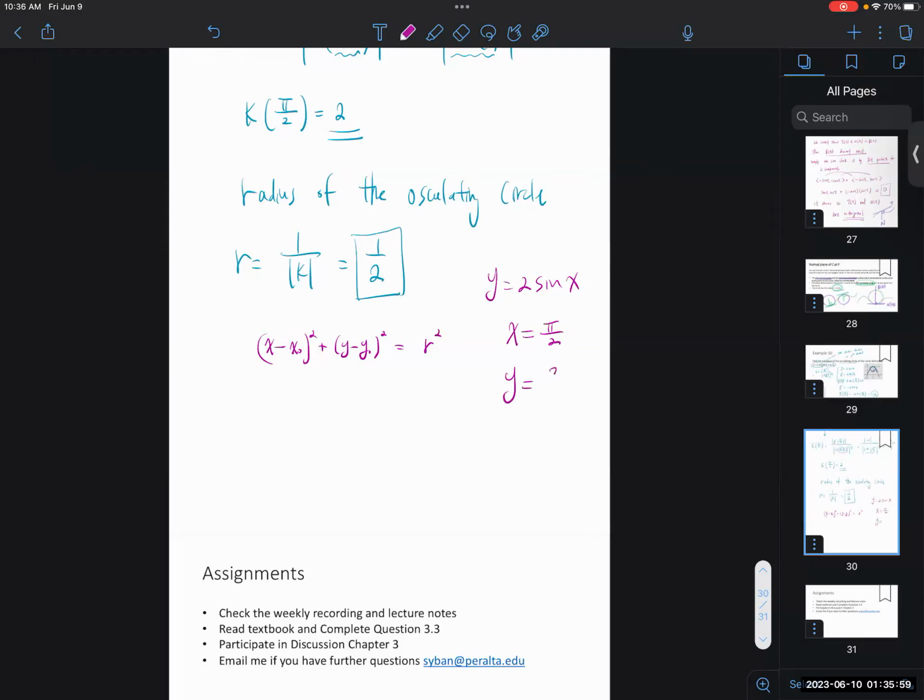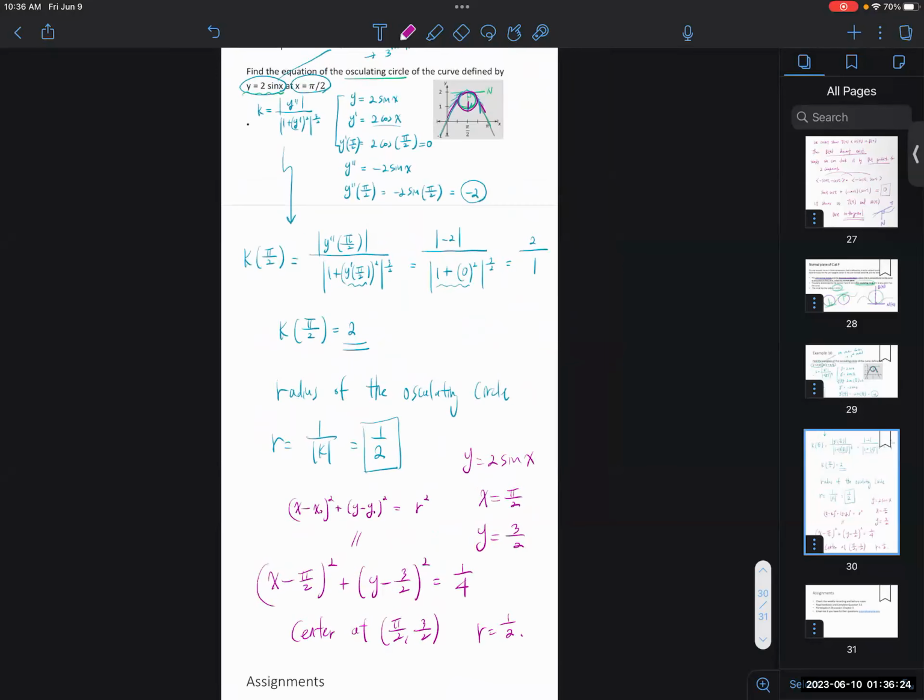It is going to be 2. Calculate it. Therefore the circle equation will be x minus pi over 2 squared plus y minus 2 squared equals 1 over 4, with center at pi over 2 and 2, and radius 1 over 2.